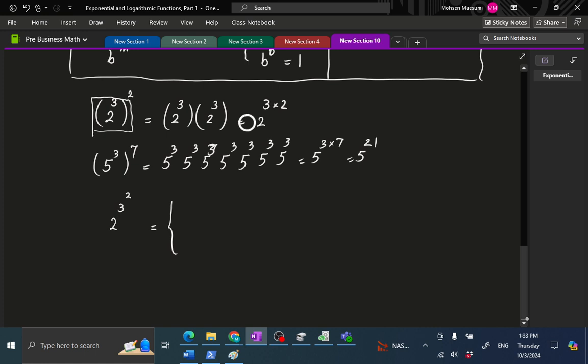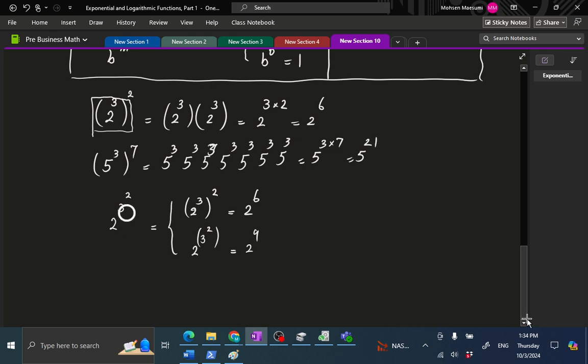Well, one interpretation of this is what we had here, that is take 2 to the power of 3 and cube it. But somebody else might say, well, I want to take 3 and square it and then use that as an exponent. Notice this is our old result that we had, 2 to the power of 6. However, this one is 2 to the power of 9.